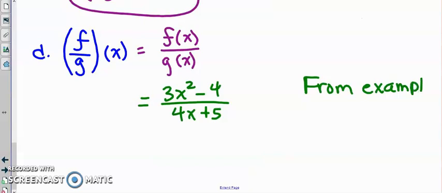We said, okay, that x cannot equal -5/4 because it would make the denominator equal to 0, which means it's undefined, which means we cannot have it happen. So therefore, that wouldn't work.